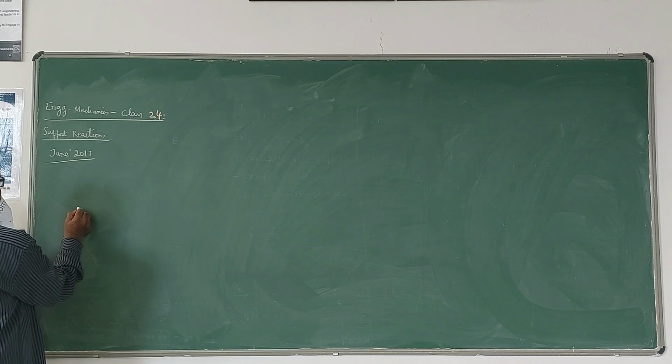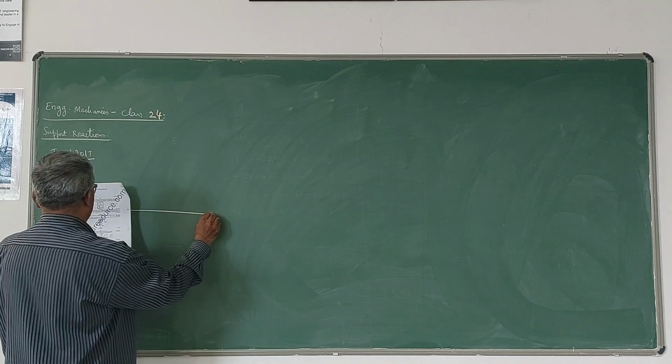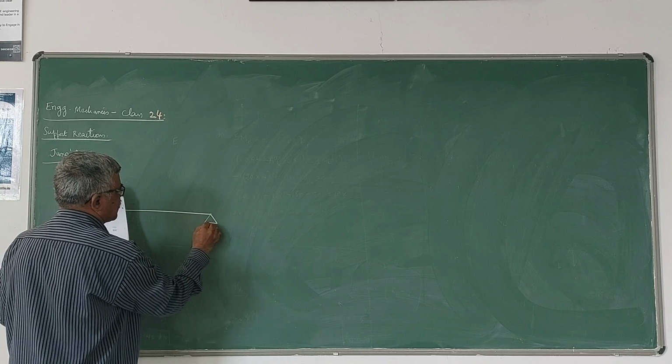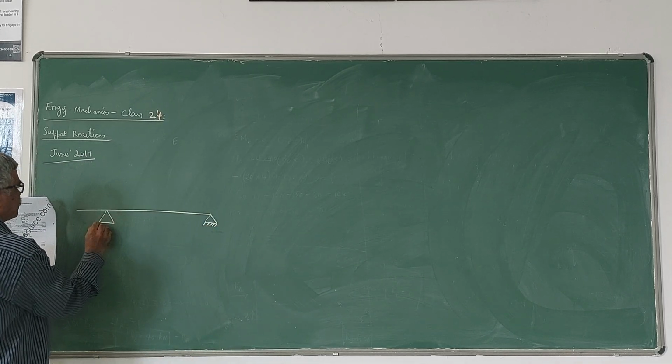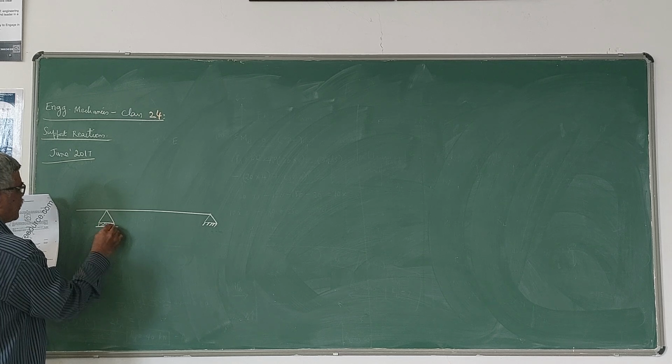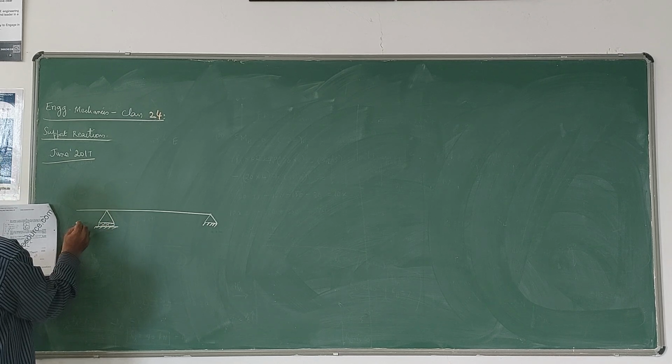So this beam, you can see here, one end is hinged, one end is on a roller, and it has an overhang portion here.